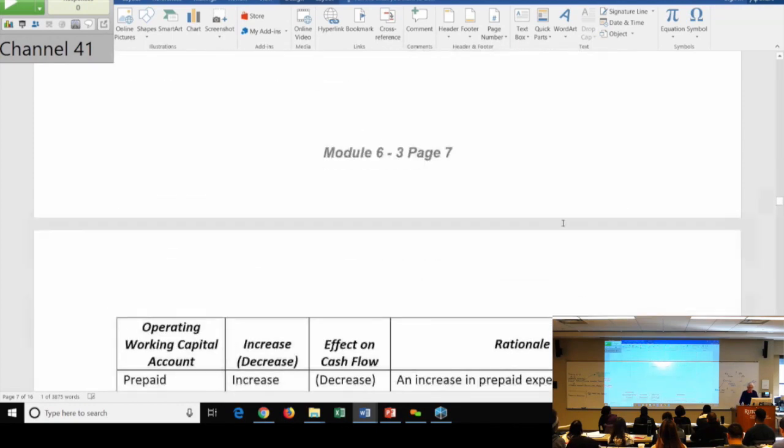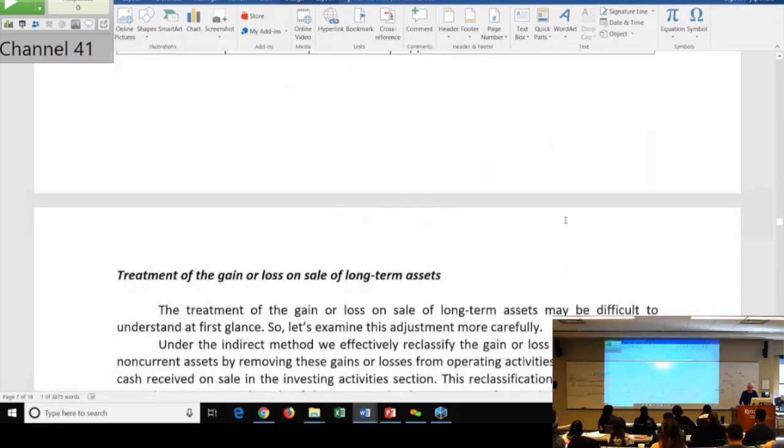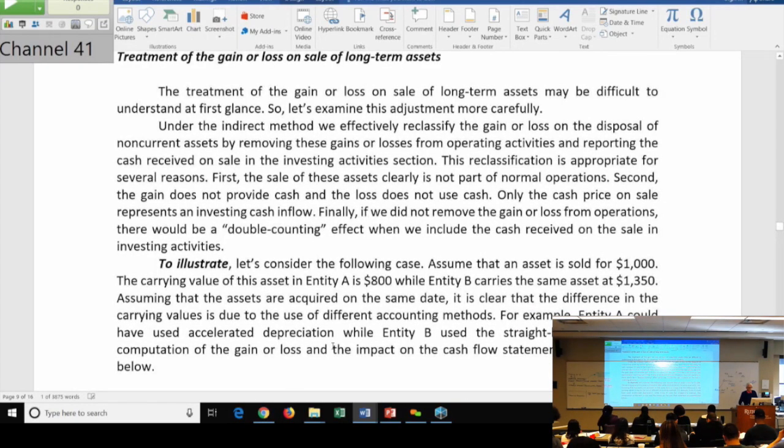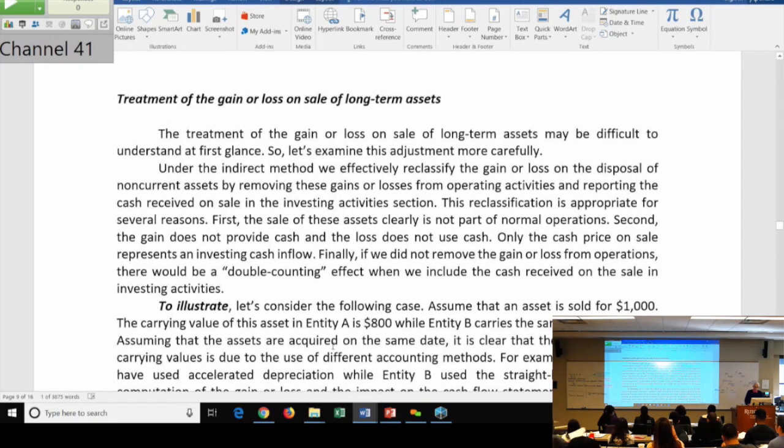Now, the one that is a bit problematic, if you turn to page 9, is the gain or loss on the sale. Why is it that we add back losses on sales of assets, whether they're plant or investments, and why do we subtract out the gain?